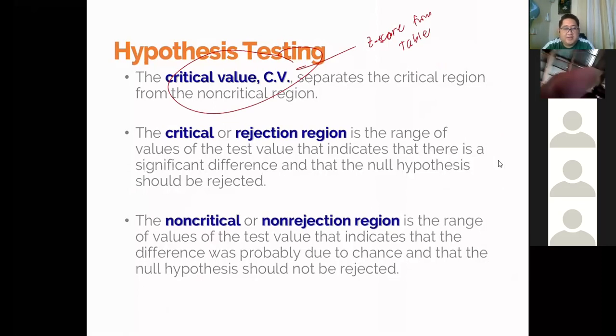It comes from our z-score. Then, our critical region is the range of values that indicates that the error exists. Okay? So, if the value of your actual z-score lies inside it, reject your null hypothesis. Okay? Then, if it lies in the non-critical region, we can accept our null hypothesis, or we will not reject our null hypothesis.